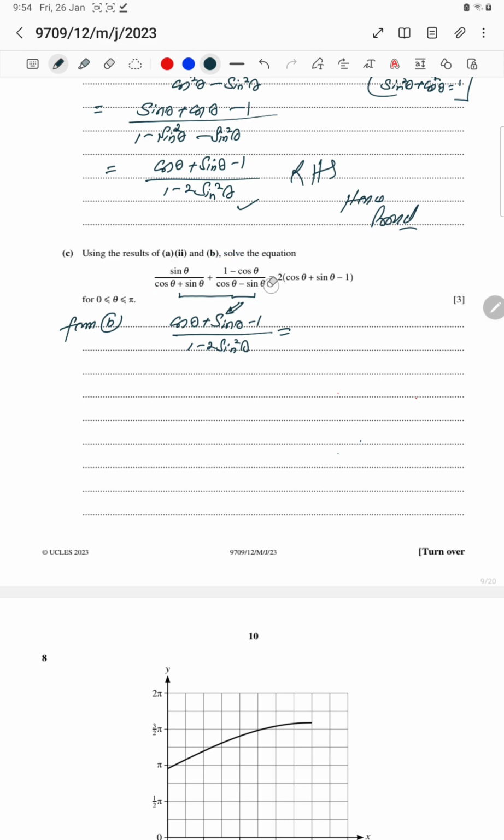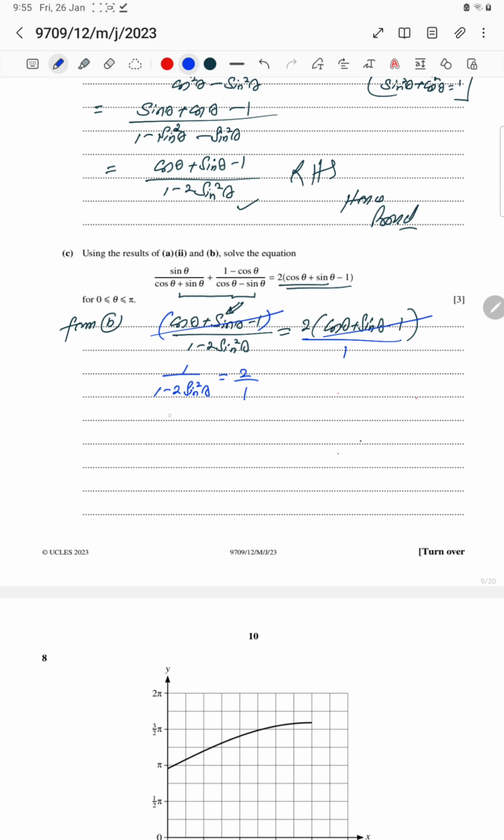We can write from B, this whole side equal to this one, 2 times cos theta plus sine theta minus 1. And if you can see carefully, because numerator of both sides can be cancelled, we will get 1 over 1 minus 2 sine square theta is equal to 2 by 1.